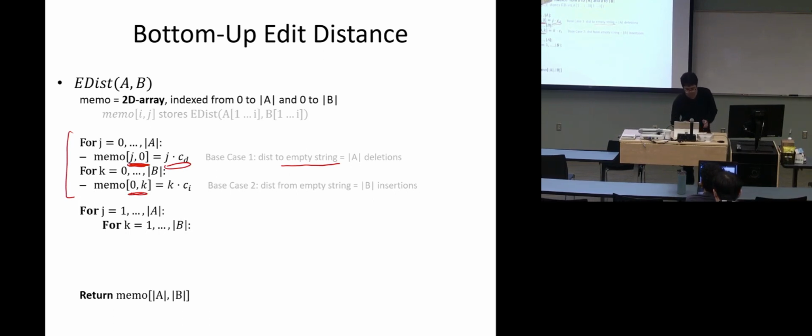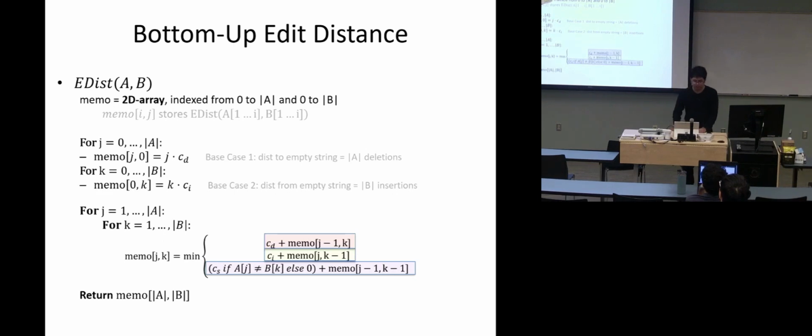It's just the distance from the empty string to the prefix of B of length K. So that's just K insertions. So this is the base case. And the next thing is just to fill up everything else. How do you fill up everything else? Just use the recursive formula that you have before.